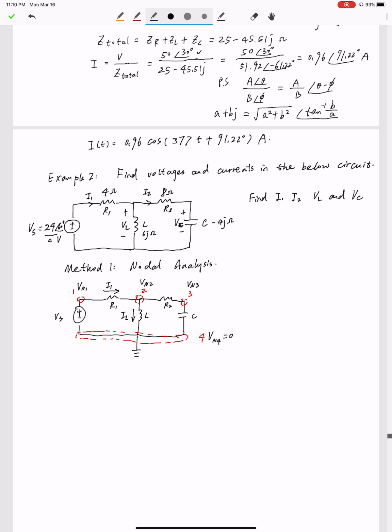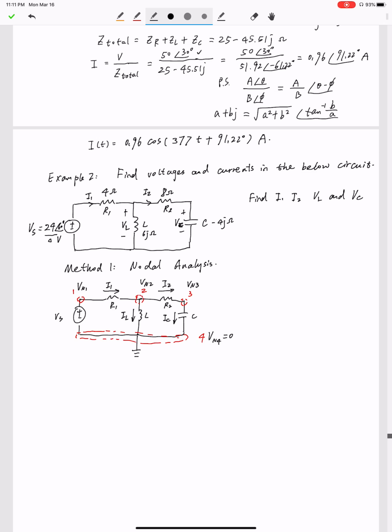By the way, the current directions on these components are totally arbitrary. You can define I1 flowing from left to right, as shown in this diagram, or in the other direction. But since the question assumes I1 flows from left to right, I use the same direction. The current I2 is also flowing from left to right, and the current on the capacitor, named IC, flows from node 3 to the ground.